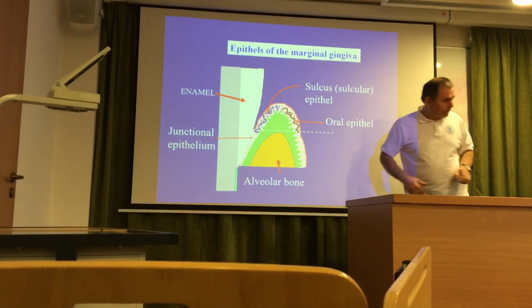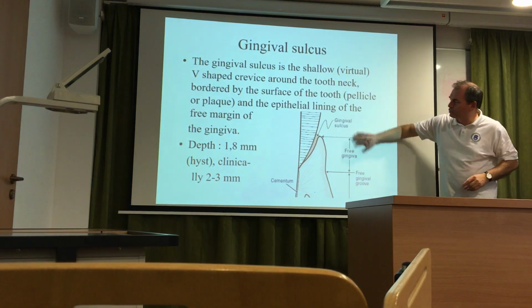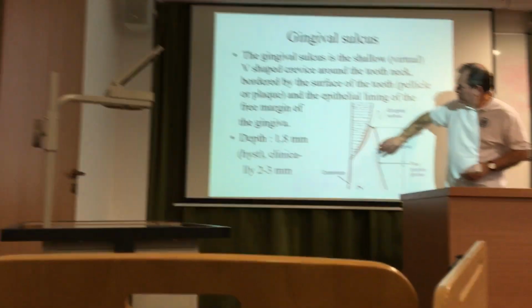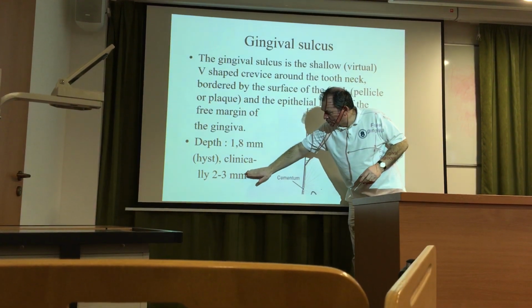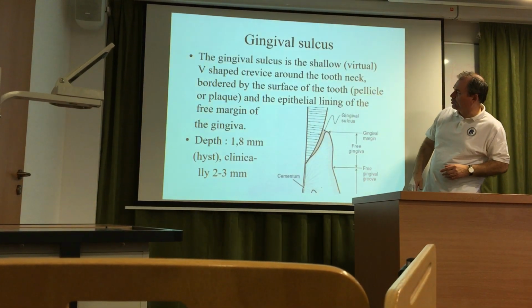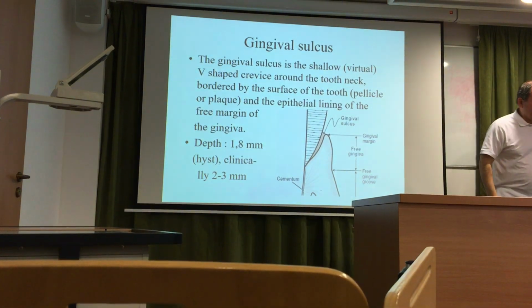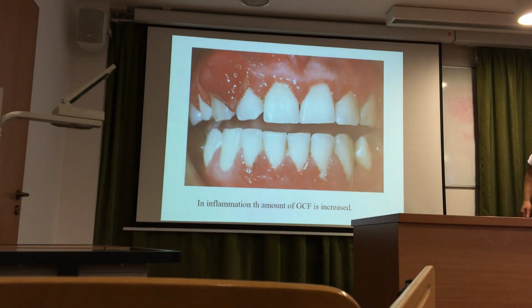So this is the gingival sulcus. I have mentioned this space, and the depth is important, histologically and in clinical measurement. I mentioned that clinically it is less than 3 millimeters.